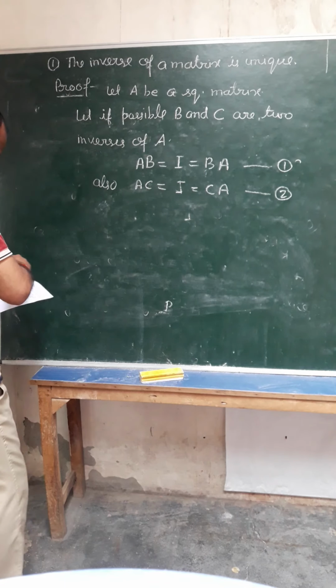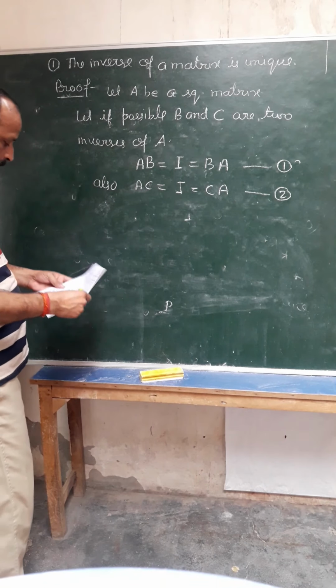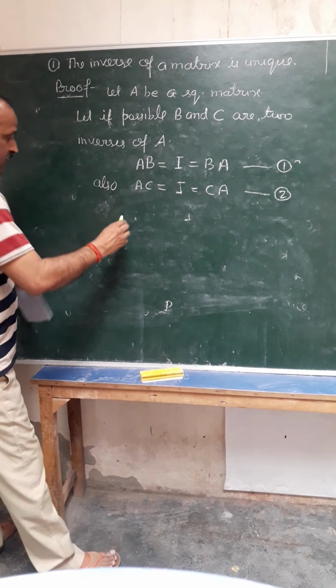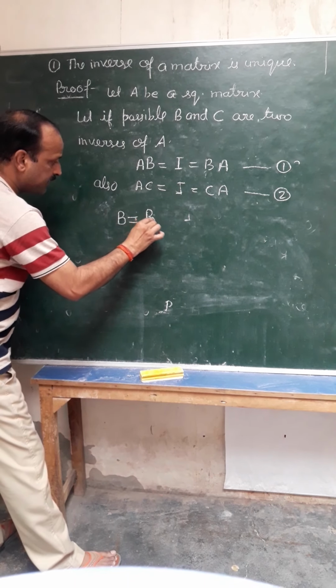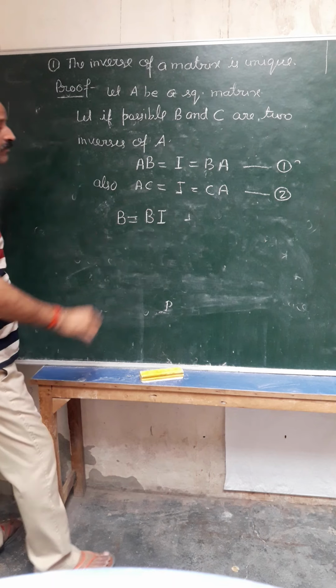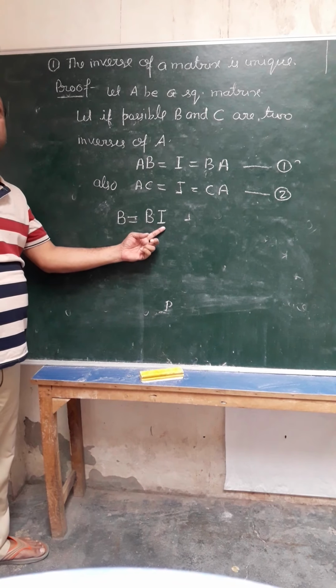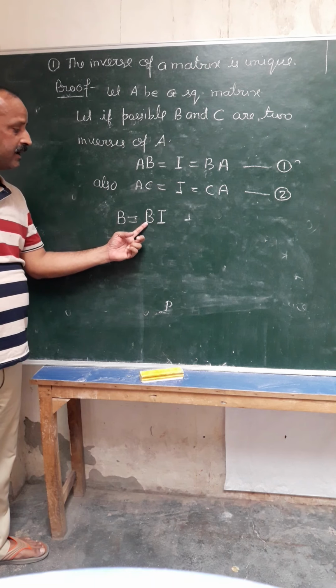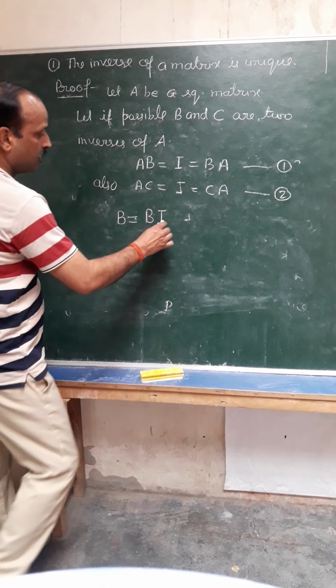Now see, let's start with B. B can be written as BI. When you multiply any matrix by an identity matrix, the matrix does not change.